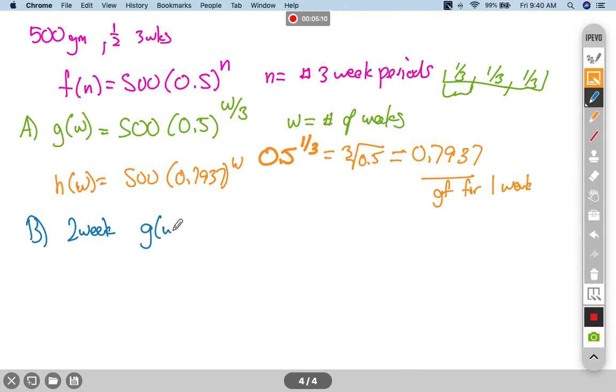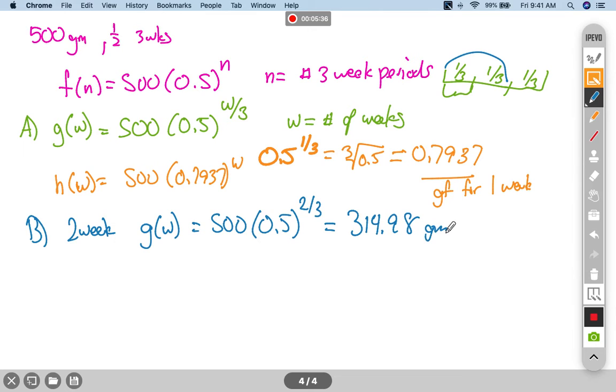So I'm going to use G. 500 times 0.5 to the 2/3. We're doing 2/3 of the 3-week period, so that kind of makes sense with this function. Or we're plugging in 2 here for a number of weeks, and it would work the same in either one of those functions. That's going to say after 2 weeks, we have 314.98 grams.